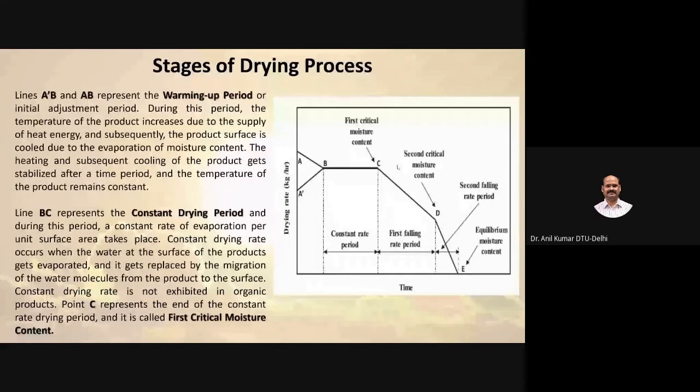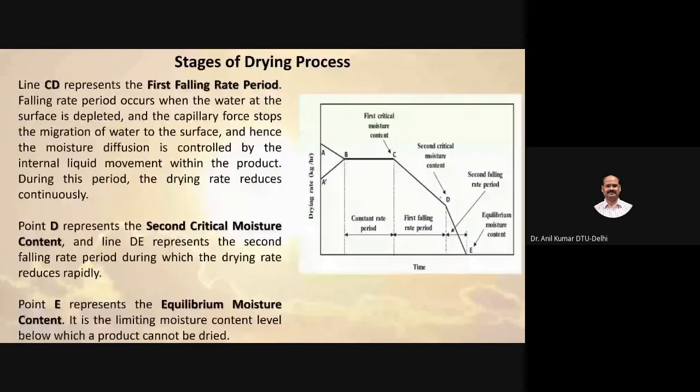Then CD is the falling rate. This is the first falling rate, and this is the second falling rate. In the first falling rate, when the water at the surface is depleted, the capillary forces stop the migration of water to the surface. The moisture diffusion is controlled by the internal liquid movement within the product.